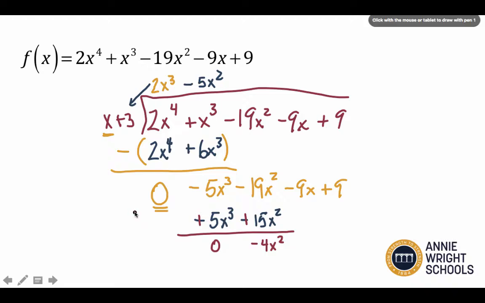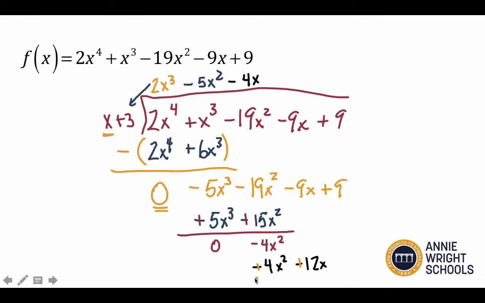Now I begin the process again. What times x gives me a minus 4x squared? Well, that would be a minus 4x. And now I take this minus 4 and I multiply here. I get minus 4x squared, and then I get minus 12x. Now I change the signs and add.